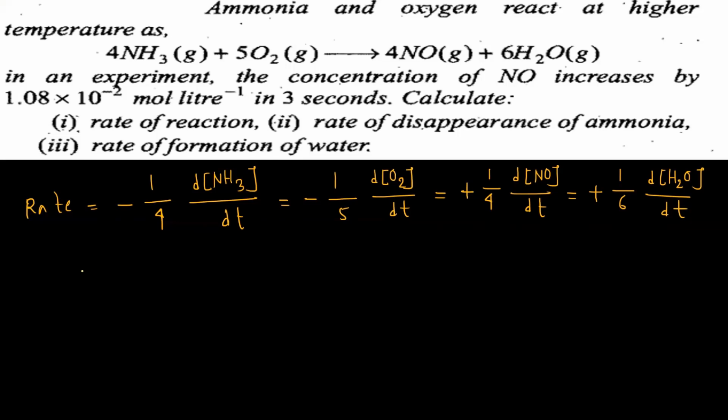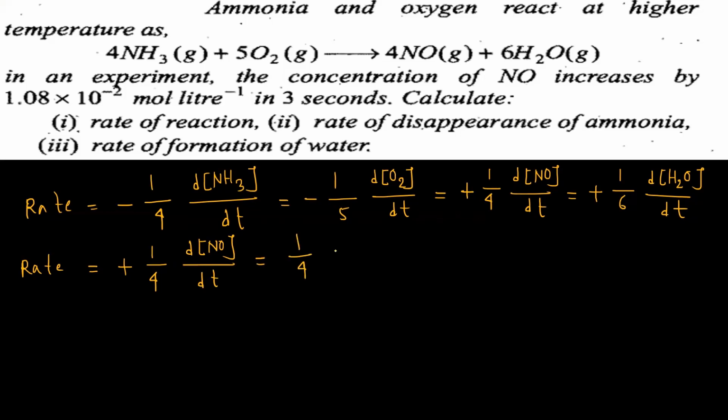So at first, we have to find out the rate of reaction. Rate will be plus 1 by 4 d[NO] upon dt.